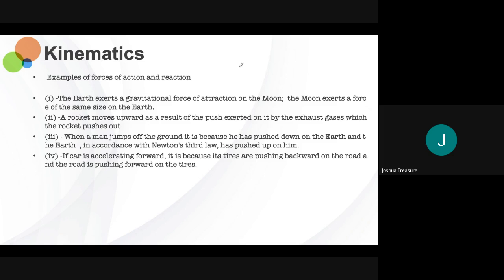Now, in order for the moon to be in orbit, they have to exert the same magnitude of force, and they are acting on different bodies. So that's why the moon doesn't move out of the gravitational field, right?